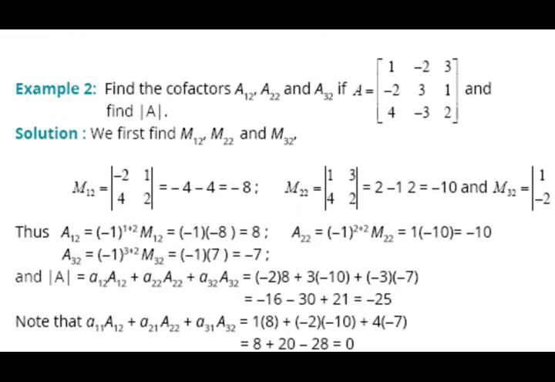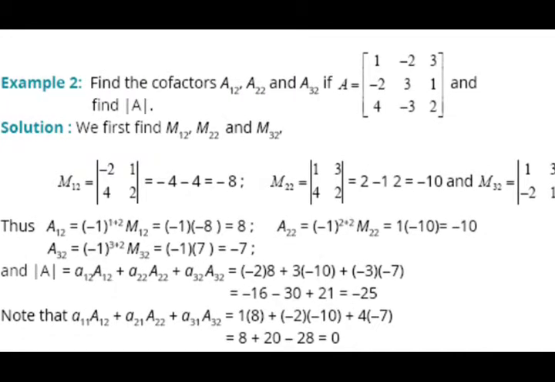Now in this example we find the cofactor A12. First we find the minors. M12 means we delete the first row and second column, and the remaining values in the determinant are minus 2, 4, 1 and 2.